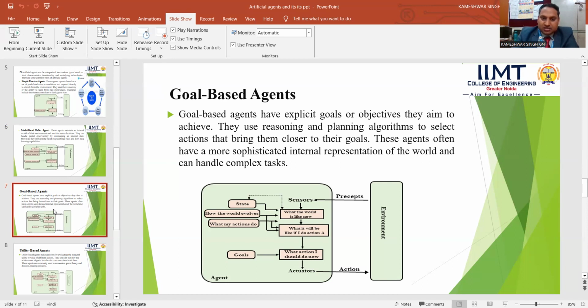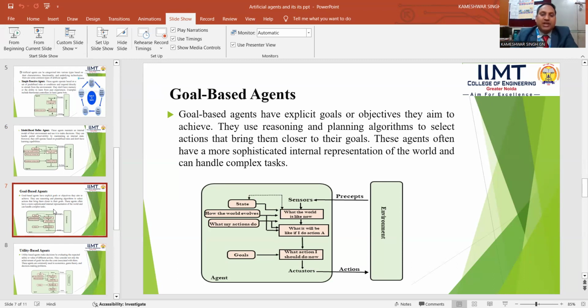So here are the sensors, which sense anything from the environment, and what the world is like now; it goes to the state, how the world evolves, and what actions I should do.